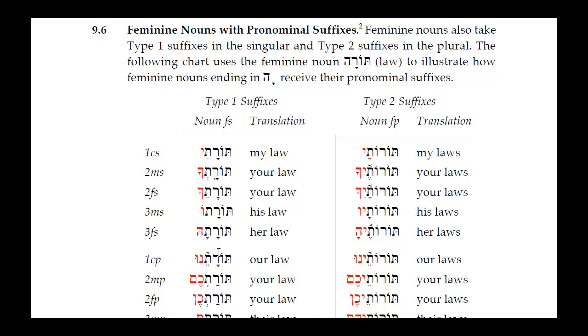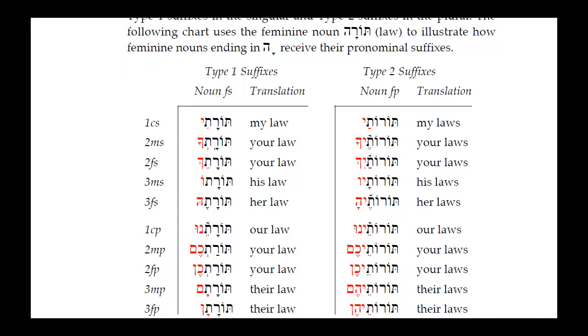We get into the plural, is toratenu, our law, toratkem. Remember, this is a non-vocal shva because it's following a short vowel here. So toratkem is how you'd pronounce this. Is your law, you plural, masculine plural, law.